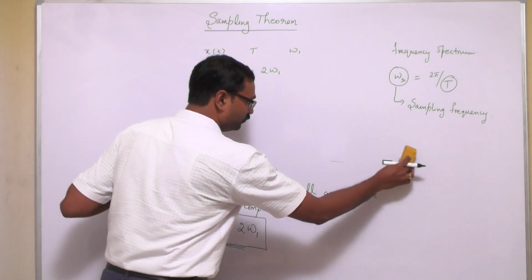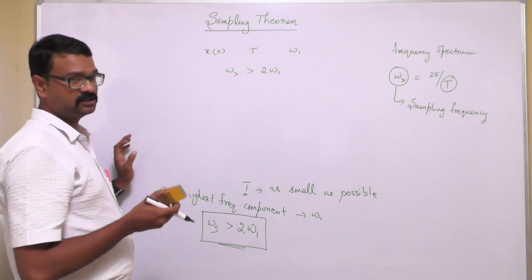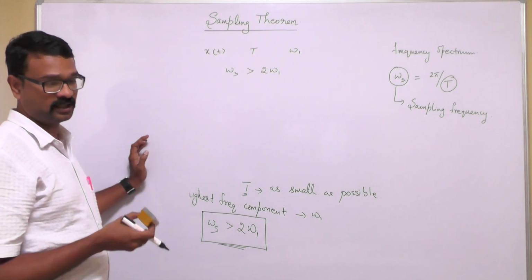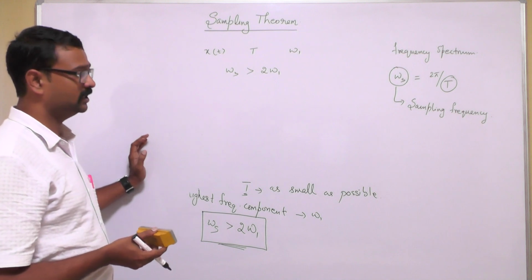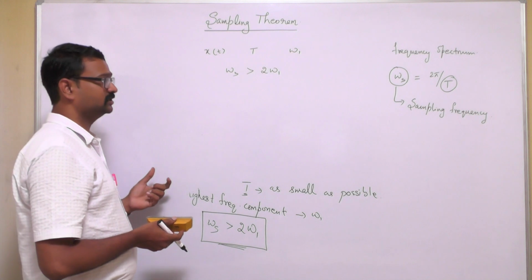And when we reconstruct the original signal using zero order hold or first order hold, or any order applicable to that reconstruction process, you can get back the continuous time signal as it is.